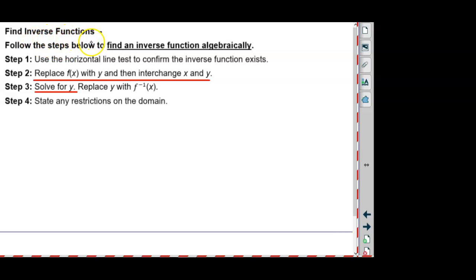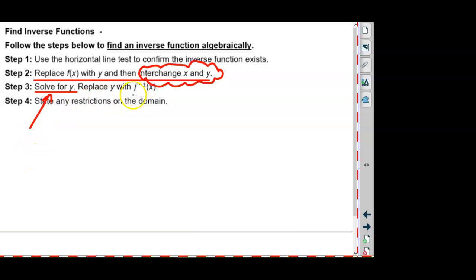So to find an inverse, these are the big steps. To find an inverse function, follow these steps. Use the horizontal line test to confirm the inverse function exists. Replace f of x with y, and then you interchange the x and the y. That's the big one. You switch the x and the y, and then you have to solve for y all over again.